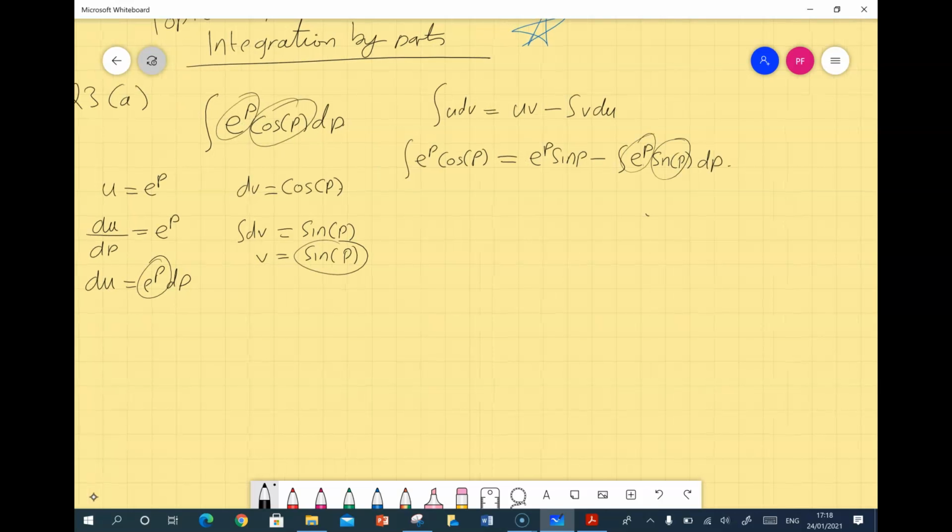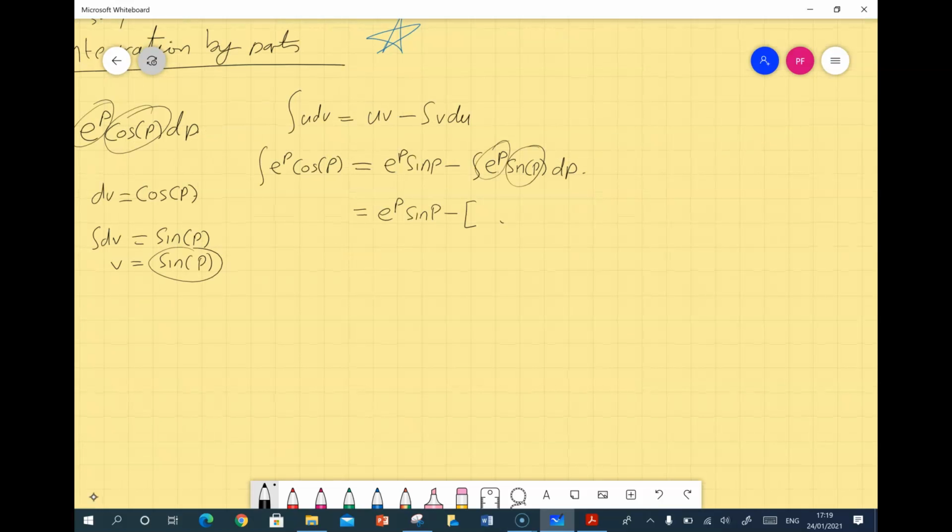Okay, and you notice what happens here is we're back to a situation where integration by parts is going to be difficult, because again I'm going to have an issue where whatever I derive will not eventually derive down to 0. But look, let's keep going and see what we have. So the e to the power of p sine p minus.